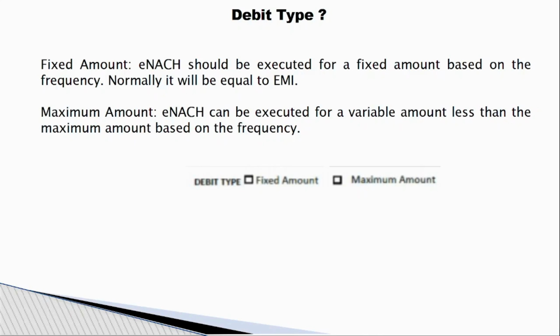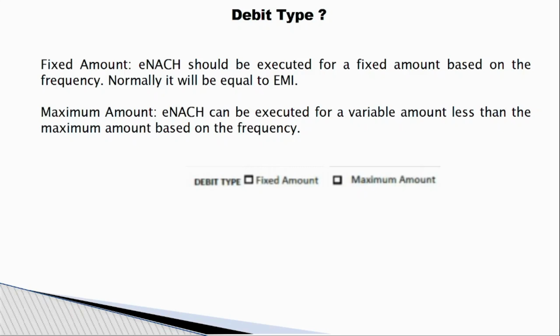But if you have given a maximum amount, then in case some charges are incurred in a month, those charges can be linked to your EMI and deducted from the customer account, but it should be below the maximum amount. Sometimes a customer has missed one month's EMI. In the second month they can club the previous month's EMI and the present month's EMI and collect it from the borrower.